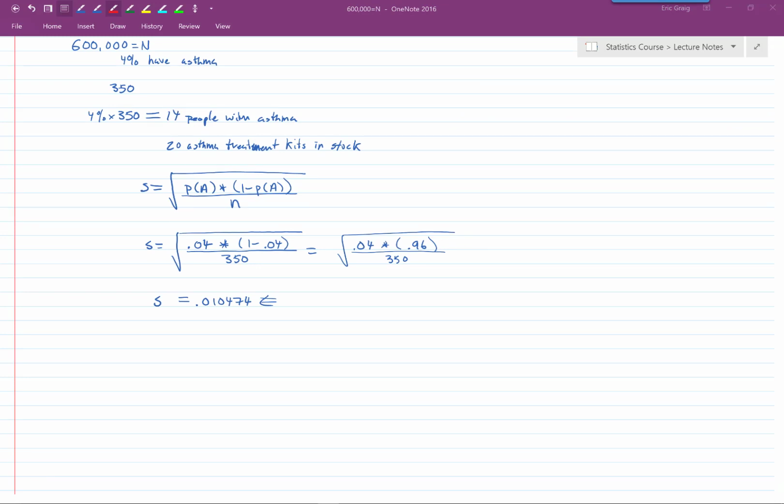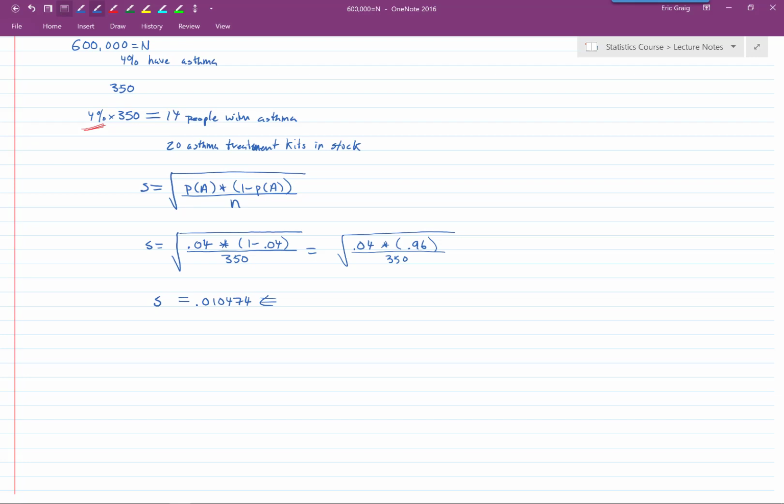We have, it would seem, most of what we need to solve this problem. We have our standard deviation. We have our population proportion, which is 4% over here.